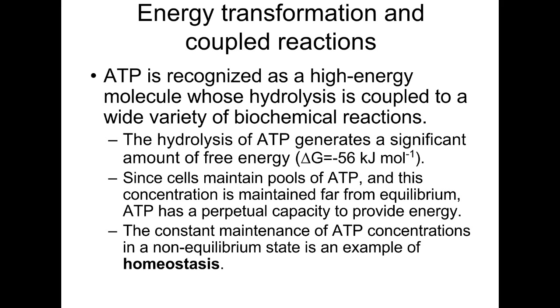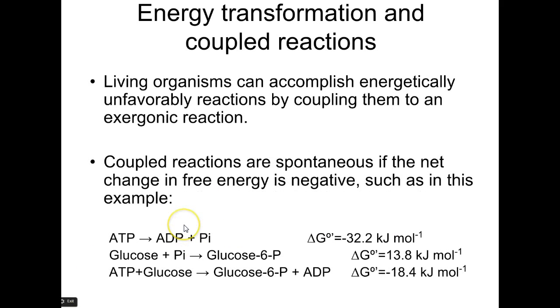Very few organisms use anything but ATP. And so the reason why we have to consume carbon is to make ATP. And a lot of reactions require ATP to occur.